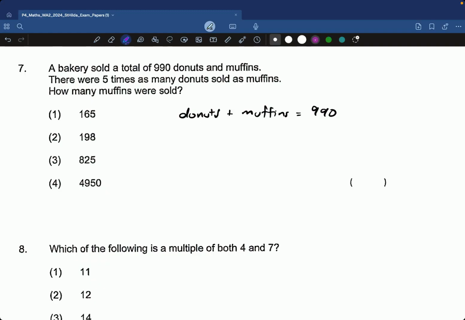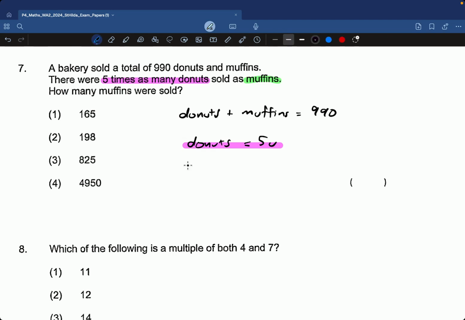So when you see this over here, 5 times as many donuts, this means I'm going to write here donuts is equal to 5 units, right? So I'm going to highlight this as well. So donuts is 5 units, and then the rest of the statement is basically saying muffins.